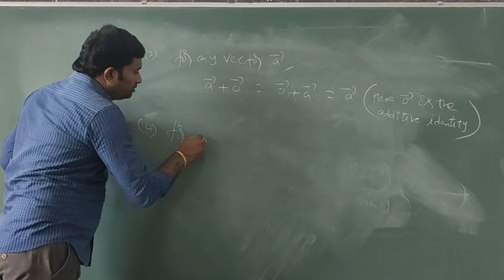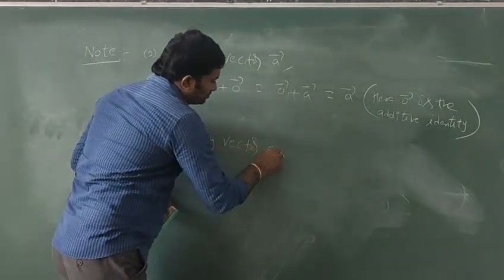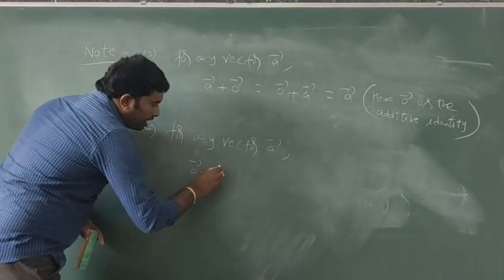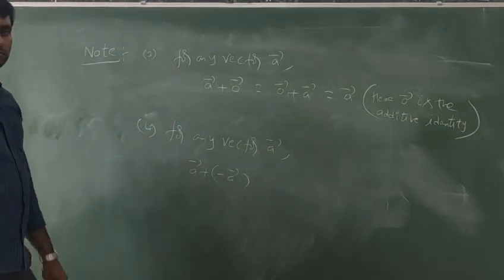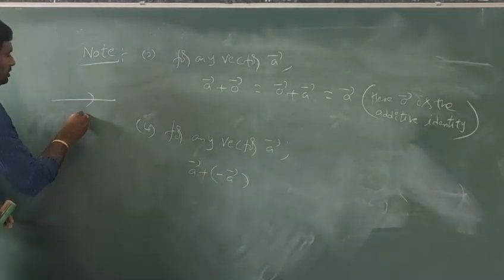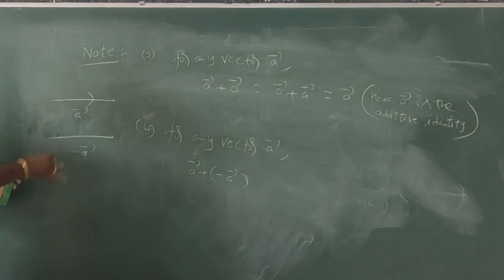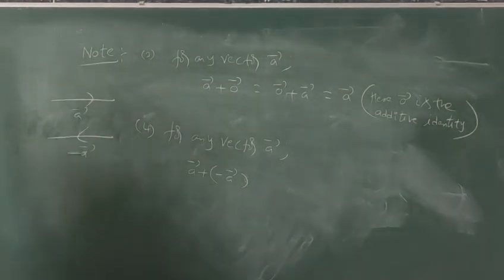Next, the last one. For any vector A bar, A bar plus minus A bar. What is the meaning of minus A bar? Negative vector. This A bar is the given vector, and minus A bar is also A bar only, but its direction is opposite to the given vector. That is why we write minus.